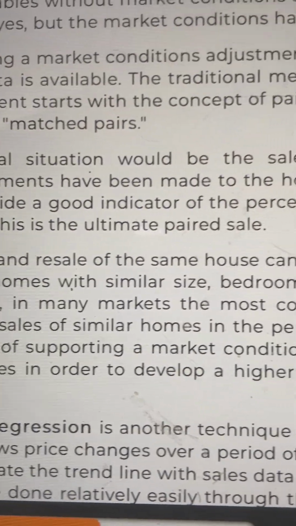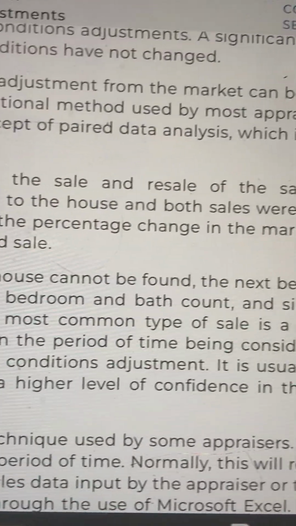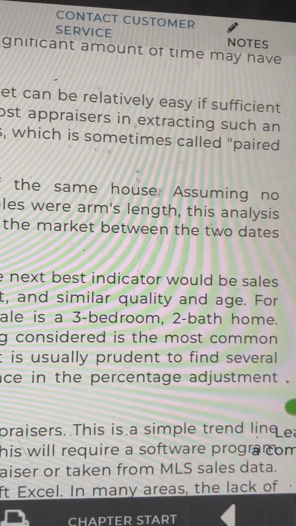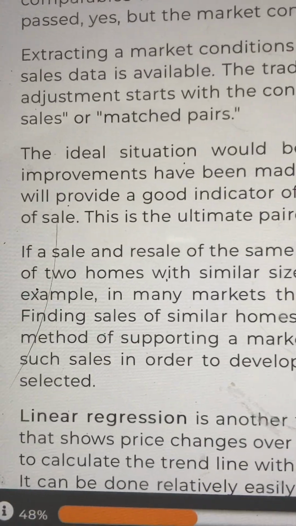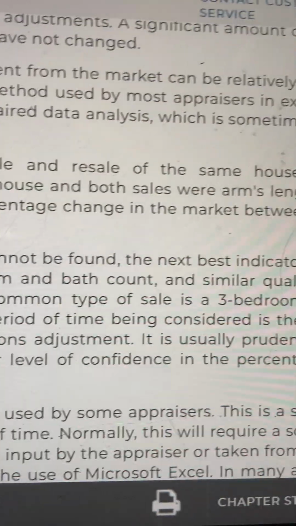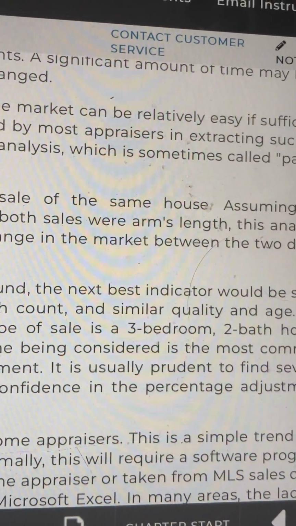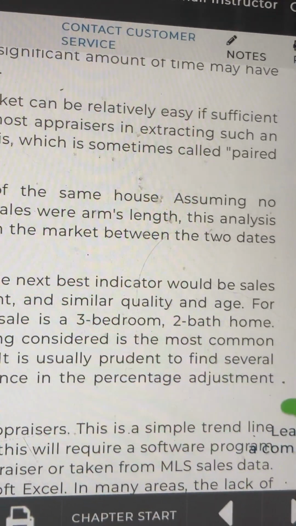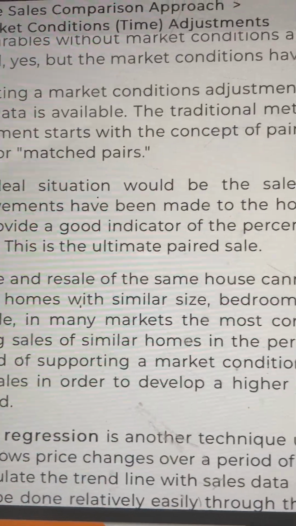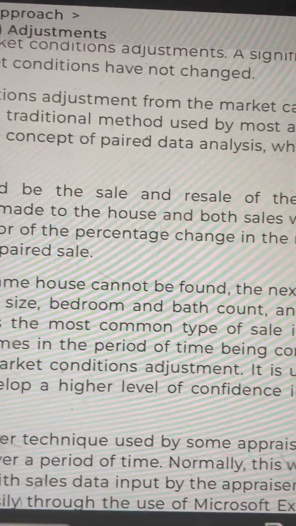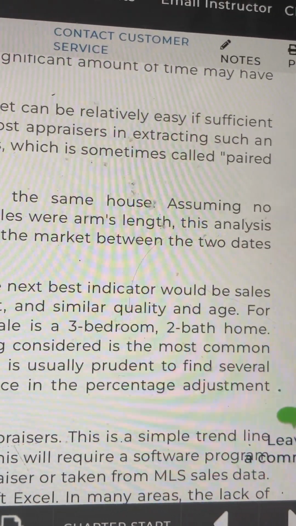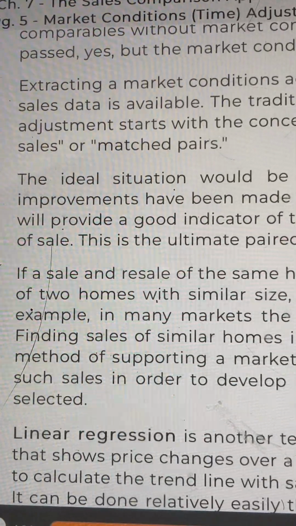Finding sales of similar homes in the period of time being considered is the most common method of supporting a market conditions adjustment. It is usually prudent to find several such sales in order to develop a higher level of confidence in the percentage adjustment selected.